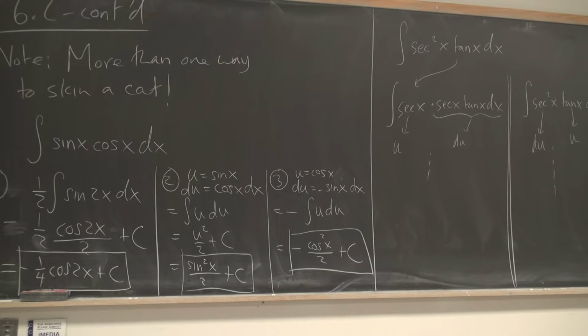If you see the expression a squared plus x squared, what's the correct substitution? A tangent theta, because you're taking advantage of the identity 1 plus tangent squared equals secant squared. If we have x squared minus a squared, what's the substitution? x equals a secant theta, because we're taking advantage of the identity secant squared theta minus 1 equals tangent squared theta.